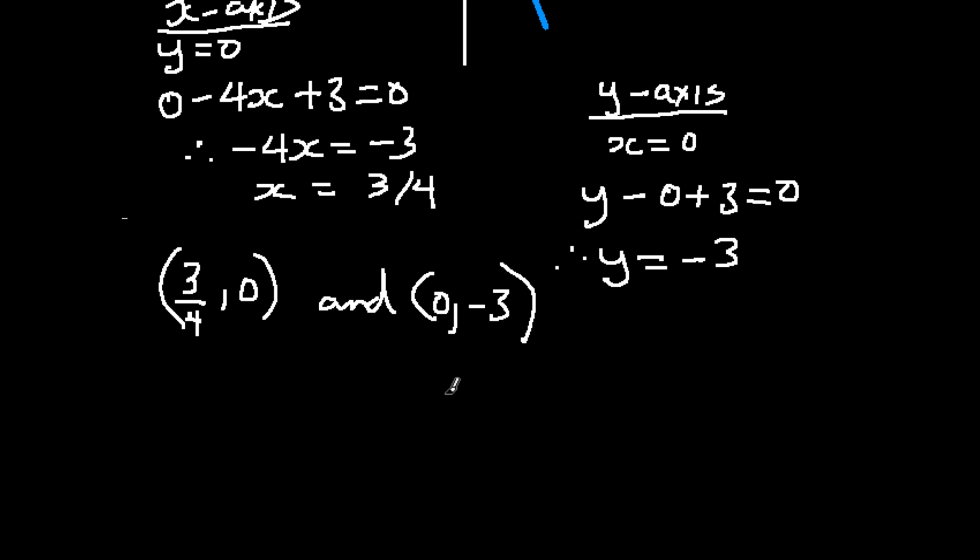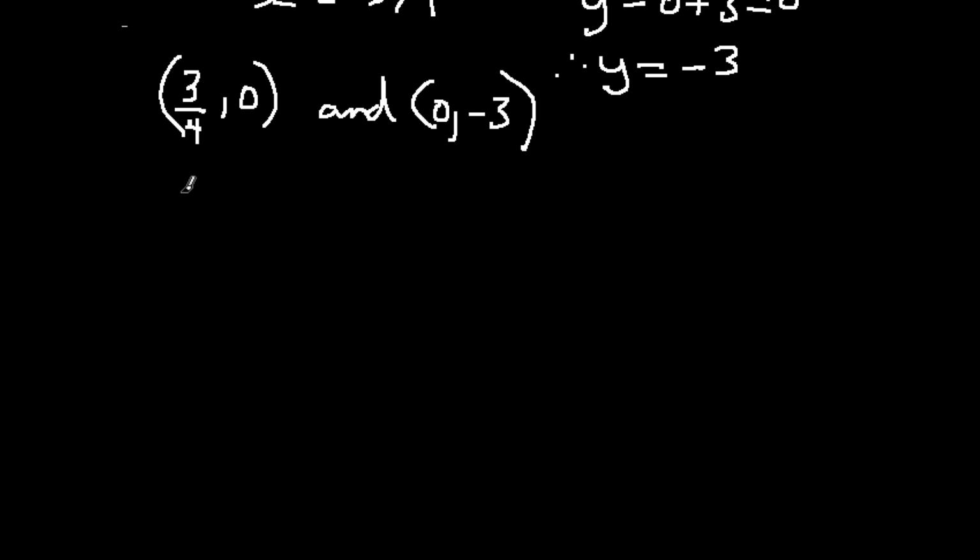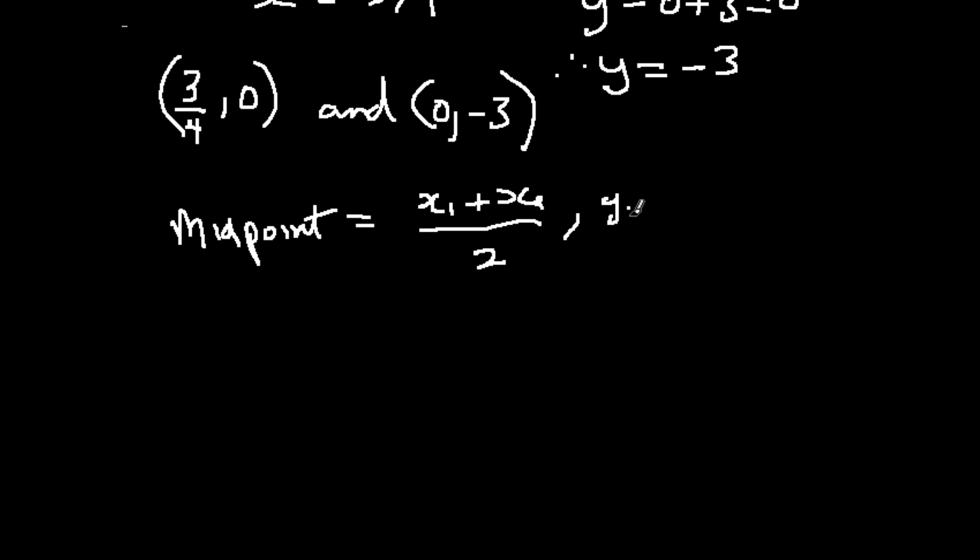And that only requires that we use the midpoint formula. So the midpoint formula is calculated by saying x1 plus x2 divided by 2, comma, y1 plus y2 divided by 2, and that's the point.